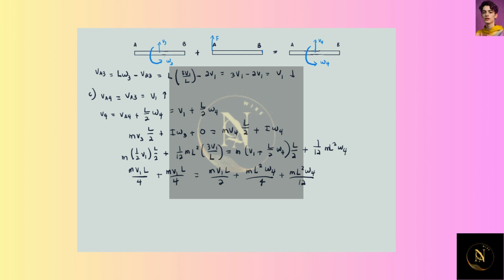So, combining like terms on one side, we'll have M V1 L over 4 plus M V1 L over 4 minus M V1 L over 2 equals ML squared omega 4 over 4 plus ML squared omega 4 over 12. So, the left-hand side will be equal to 0. Hence, this tells us that omega 4 is equal to 0.